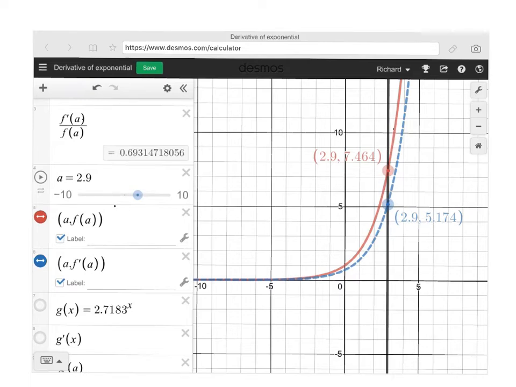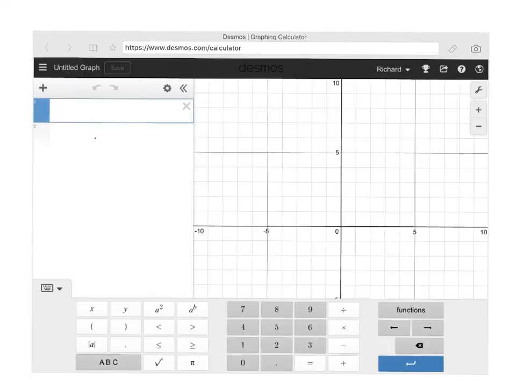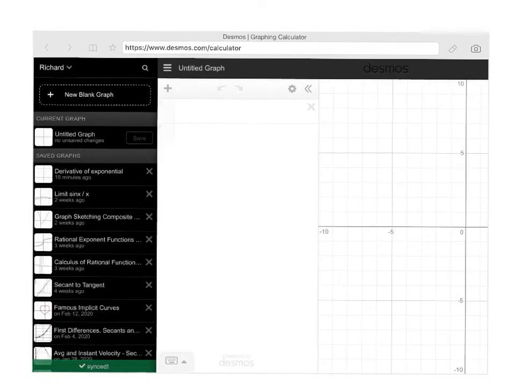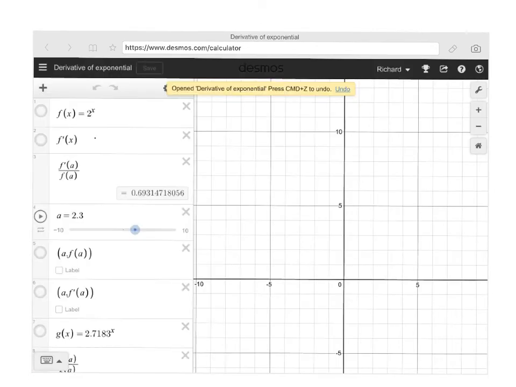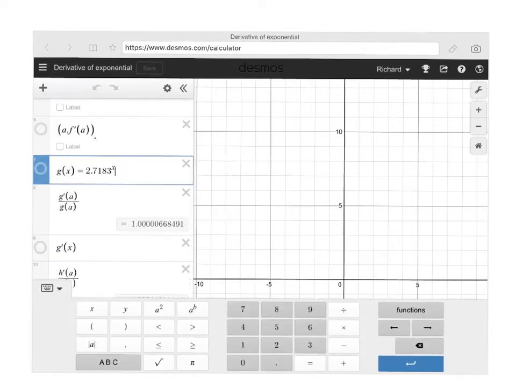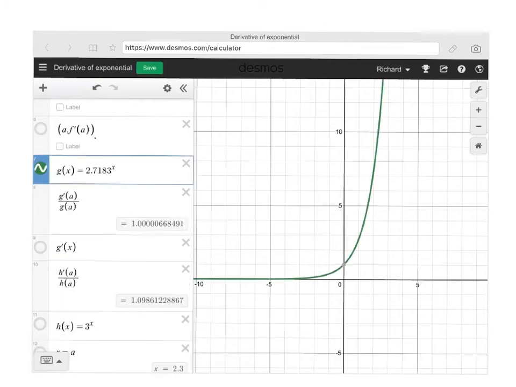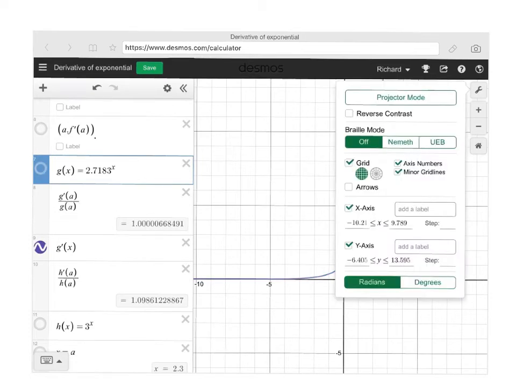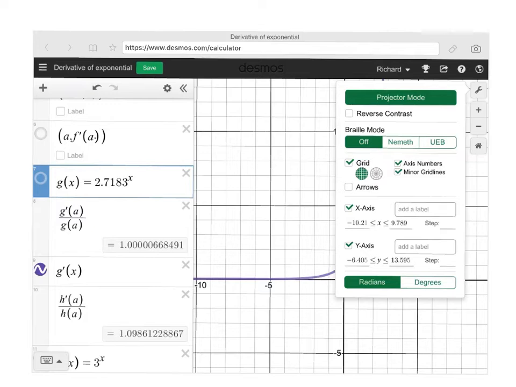So let's take a look at this. What I'm going to do now is go back here, and I always have to restart these graphs. So I'm going to restart this, and we're going to use a special function, which is 2.7183 to the x.